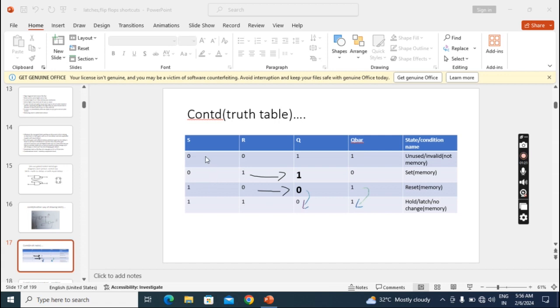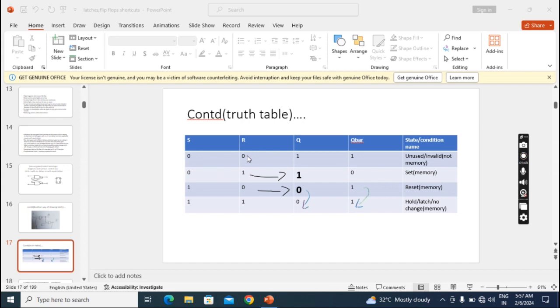So we can apply any of these three combinations. But if we apply 0 0 initially, the circuit goes into an invalid, unused state. When we maintain inputs 0 0, however many times you feed back the output, you will get the same output. So to make the circuit useful, or to come out of the invalid state, we have to change any one of the inputs.